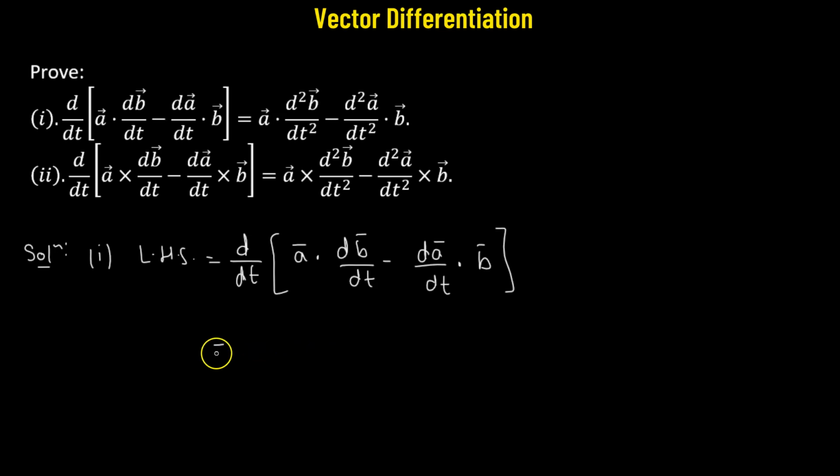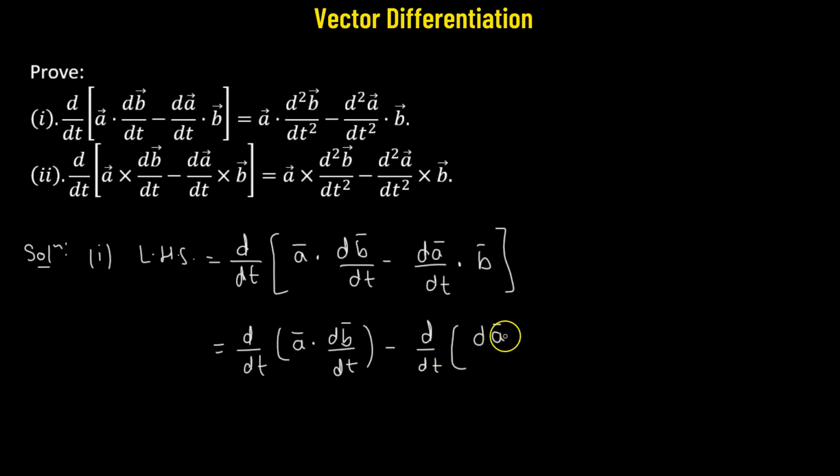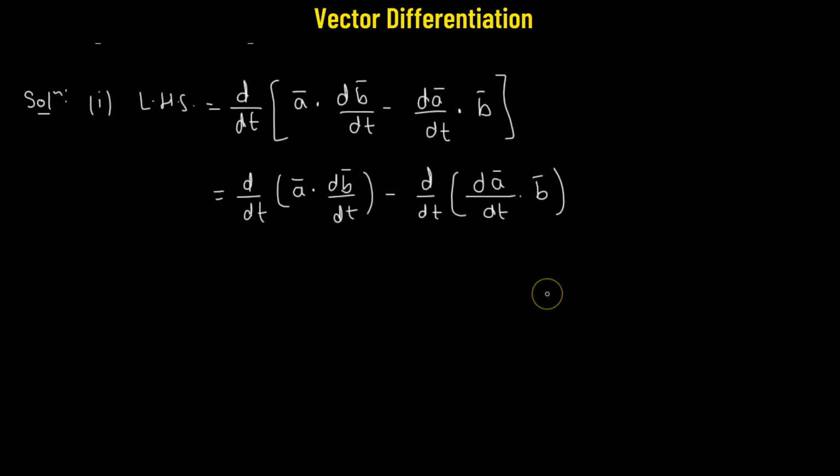So this is equal to, now we'll take the derivative with respect to t of each of the two terms. We have vector A dotted with dB over dt, minus the derivative with respect to t of dA over dt dotted with vector B. Now we'll apply the product rule to each of the two terms.